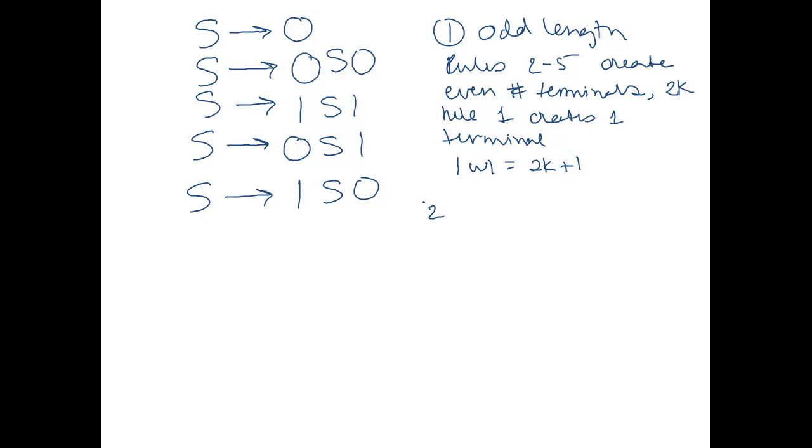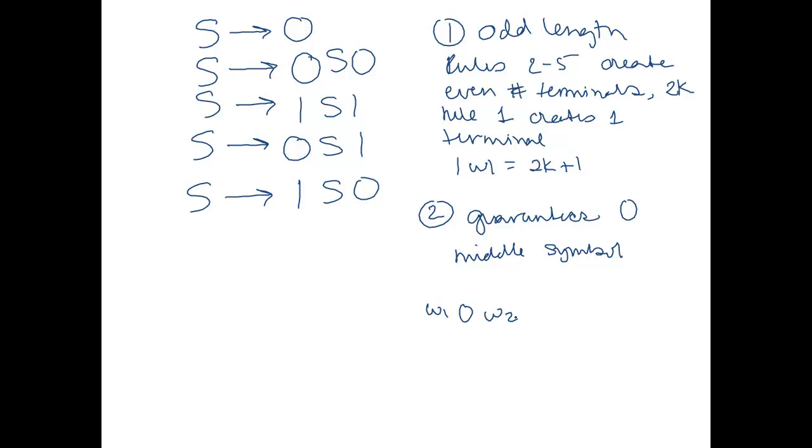Okay, and the second thing that it does, I said, is it guarantees 0 to be the middle symbol. Okay, why is this? I'm going to use my number again, k. So it's going to generate some string, let's call it w1, 0, w2.